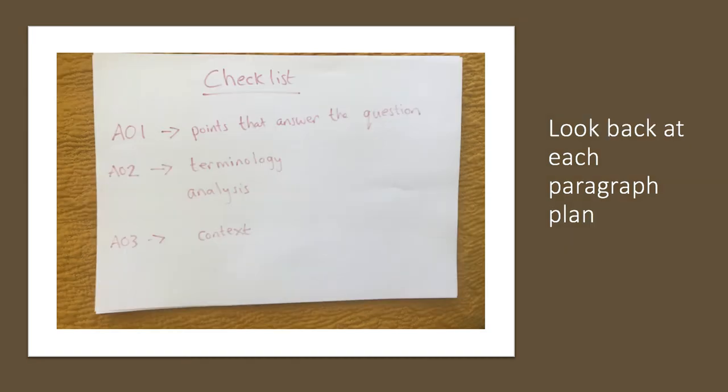After that, I normally go through a checklist. I look back at each paragraph. Have I got points that are going to answer the question, scope in my AO2 for terminology and some good analysis, and have I got an area of context in at least 2 out of the 3 of my paragraphs, and those that I haven't, have I got a strong idea about the writer's message in the novel which links back to the question.